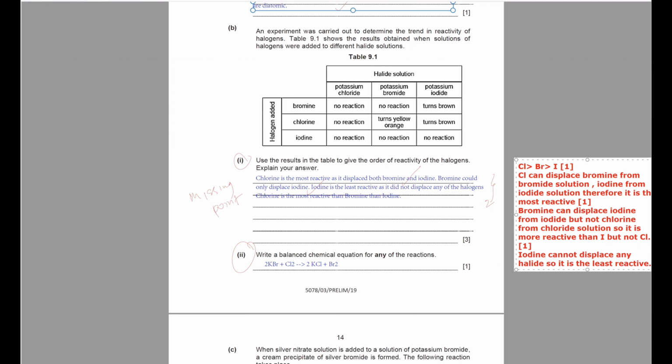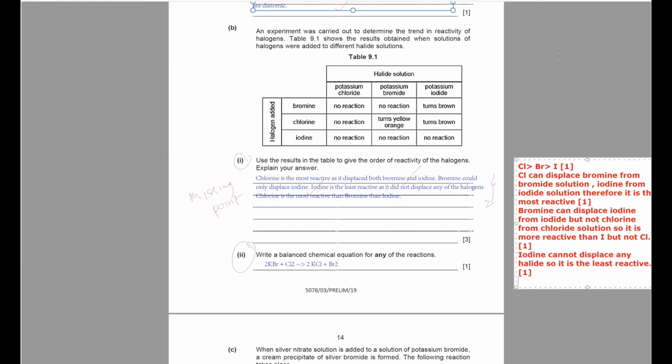So like this one is 1. You'll see the mark distribution down there, there are actually 4 marks. So for the last 3 parts, the explanation for who is more reactive and less reactive, you just need to pick 2. I think your answer can get 3 points also if the marker is not so strict about the bromine, because you wrote everything down there.